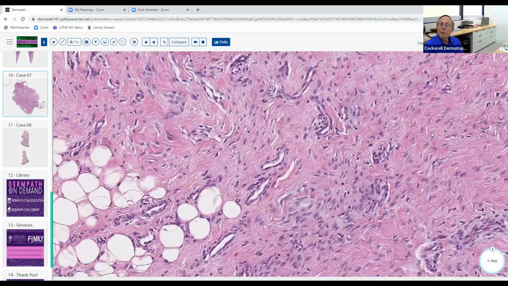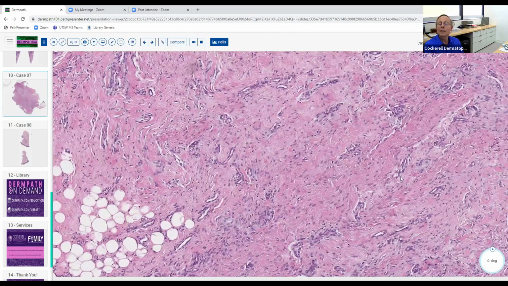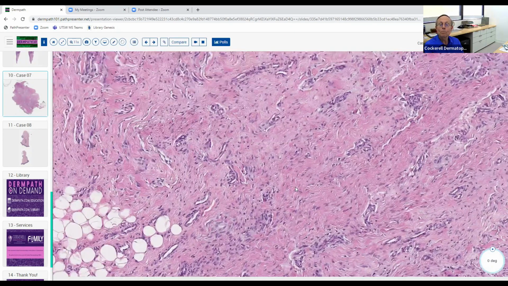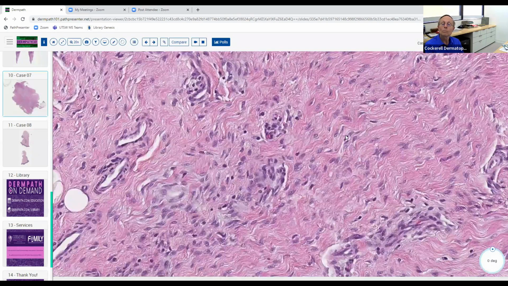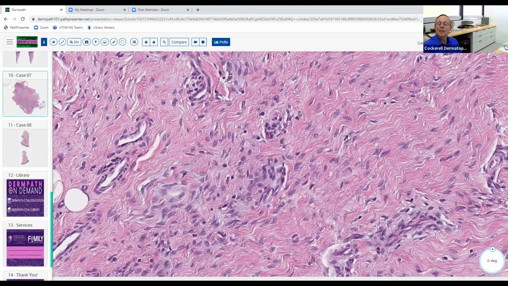Now, what are the three most common spindle cells that we see in dermatopathology? I'm not too sure. Oh, yes, you are. What's this spindle cell here? And why? Oh, like muscle?